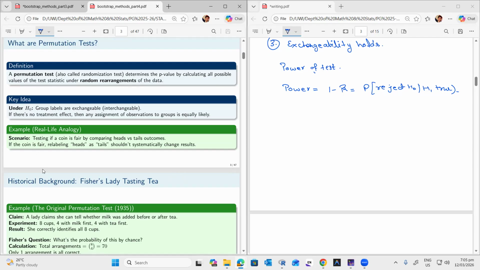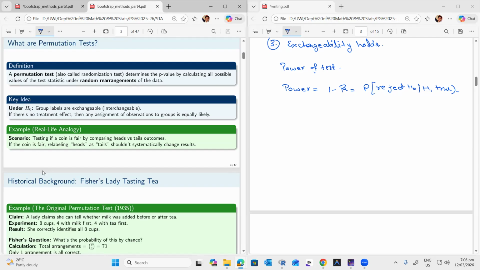So if exchangeability is allowed inside the group, we can apply the permutation test. When all permutations are calculated, the resulting test is exact, and the p-value is not an approximation but an exact probability under the null hypothesis. This property holds even for small sample sizes, provided the exchangeability assumption is under consideration.